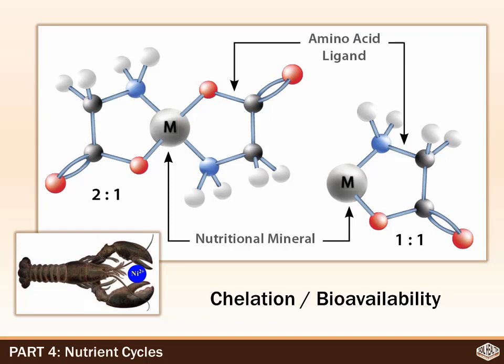They do this with a molecular structure that creates claw-like tentacles called ligands, the blue lines here. The ligands can grasp onto those metal ions, here represented by the letter M. The Greek word for claw is chela, C-H-E-L-A, and this phenomenon is called chelation.